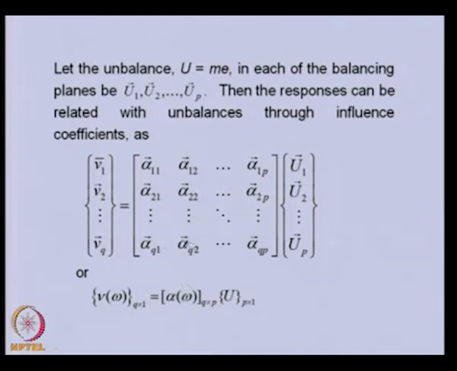So, we are expressing this influence coefficient matrix as a function of speed. This response is obviously, if we change the speed, we expect the response will change with the speed.